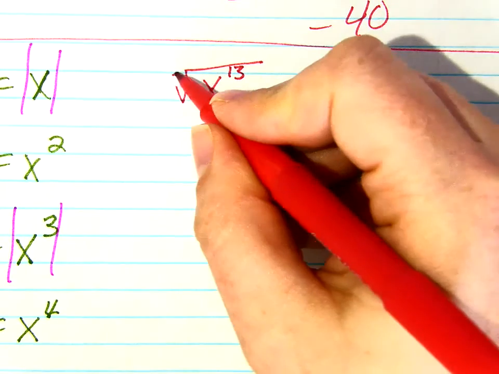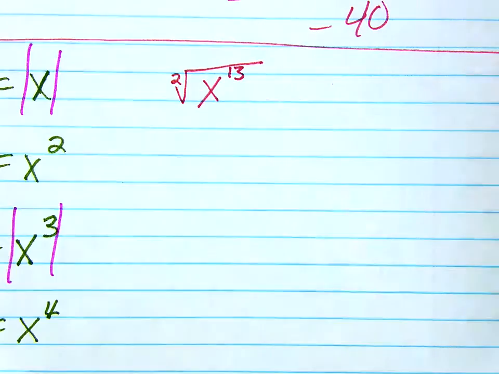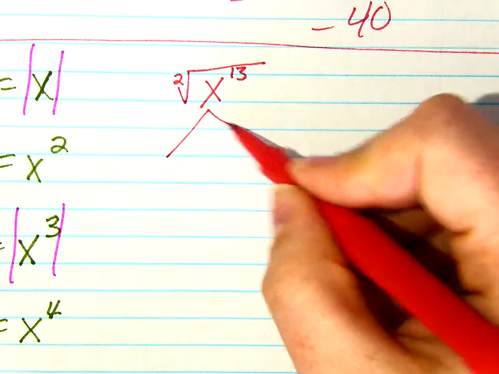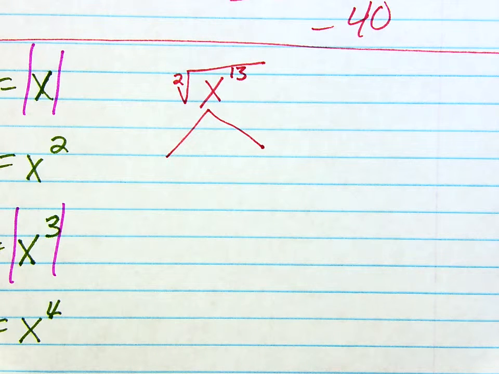There is a teeny tiny 2 out here. 13 divided by 2 is not a whole number, though. So that's not really going to help me. What I need to do is split this up. When I'm taking a square root, I just want to think about the number closest to 13 without going over that is even. What is that number?